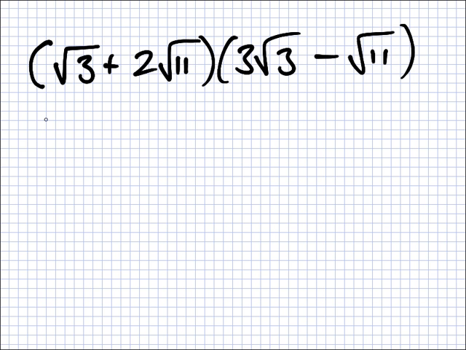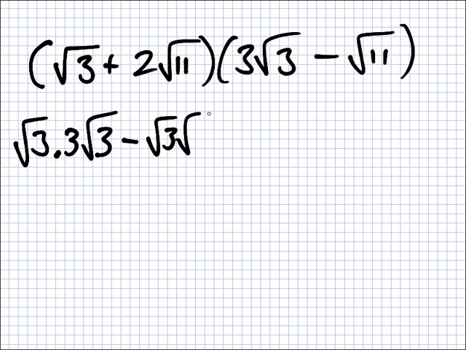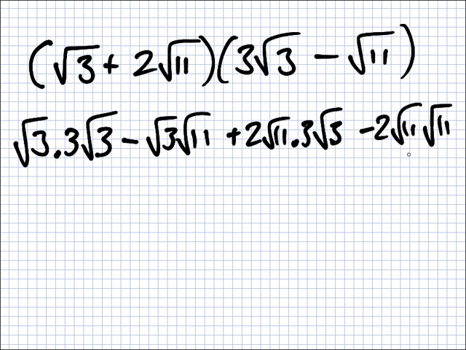Okay, so the first one is, now you can use your calculator for this part, it's going to be root 3 times 3 root 3, isn't it? That's going to be 9. And we could work that out in a moment. It'll be 9, correct. Minus root 3 root 11 plus 2 root 11 times 3 root 3 minus 2 root 11 root 11.